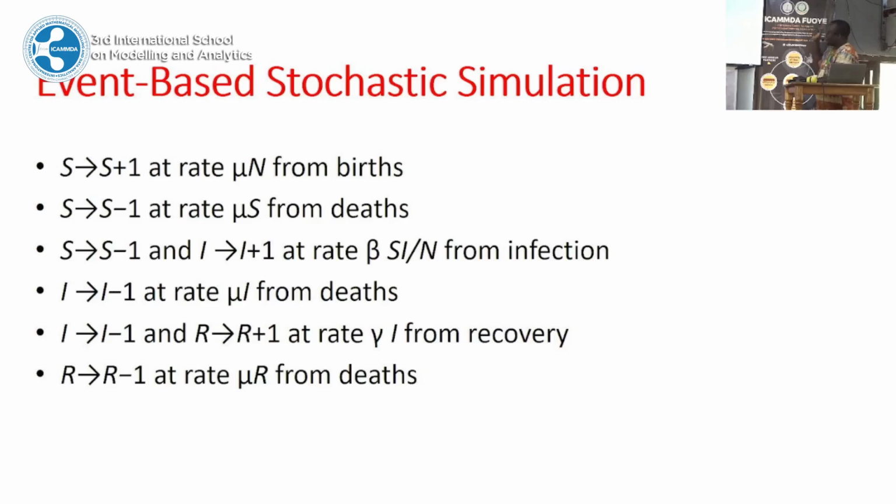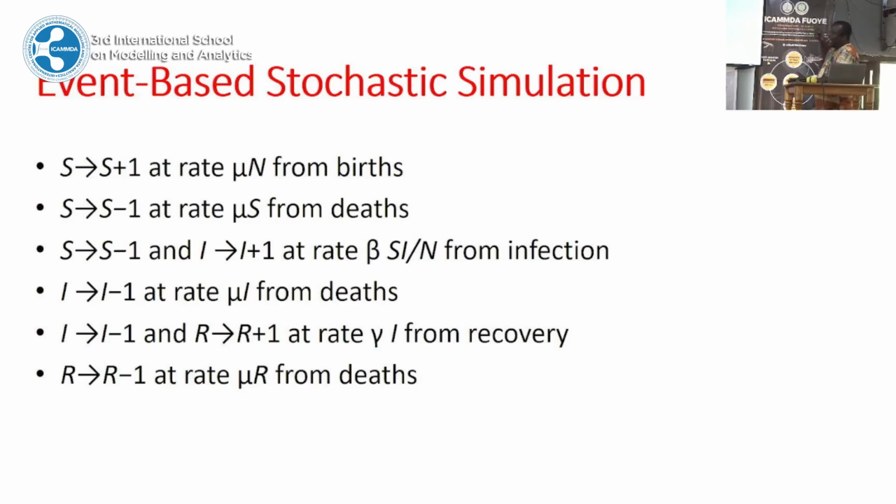And then the third event on the S class: beta S I over N, which is the transmission. What is happening to them from the S class?